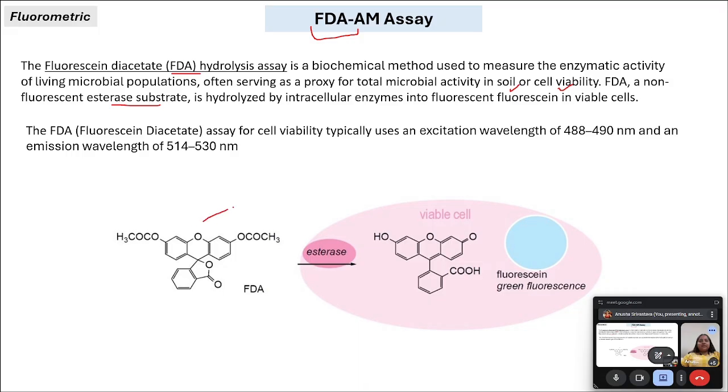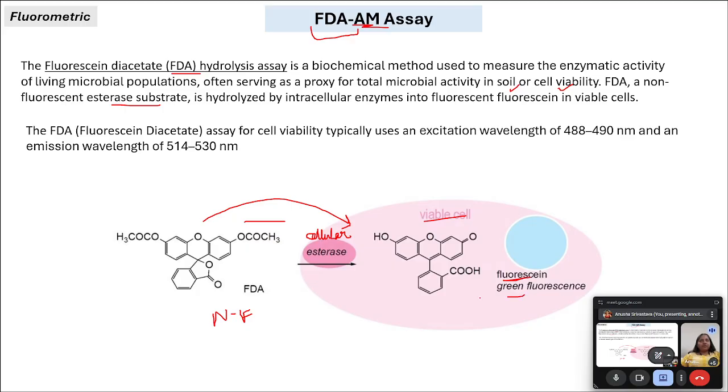Now, when this enters the viable cell, these viable cells have cellular esterase enzymes, which remove this AM group. Once this group is removed, it becomes fluorescent.